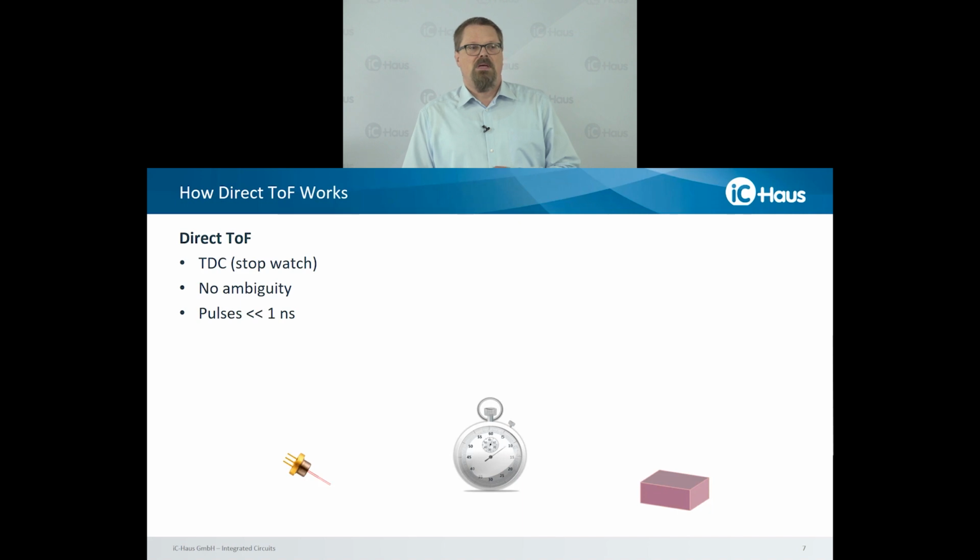This time is measured, for instance, by a time to digital converter. And from this measured time, one can easily calculate the distance to the target. This is why this measurement principle is commonly referred to as the stopwatch principle. It shows no ambiguity, but requires quite short laser pulses.